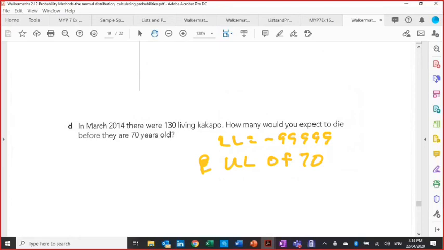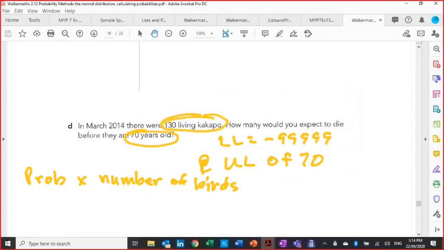Once you get that probability, you take the probability times the number of birds, and that will tell you how many. So just find the probability, multiply it by 130, and that'll tell you how many.